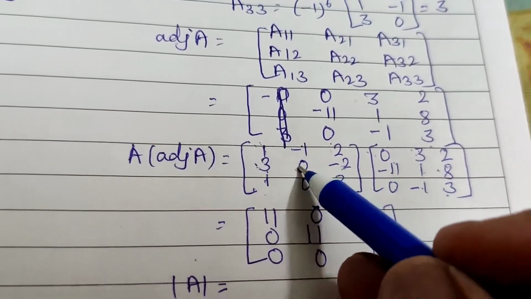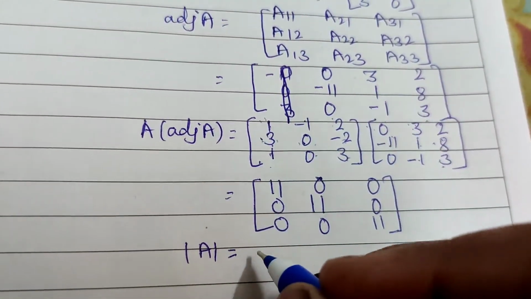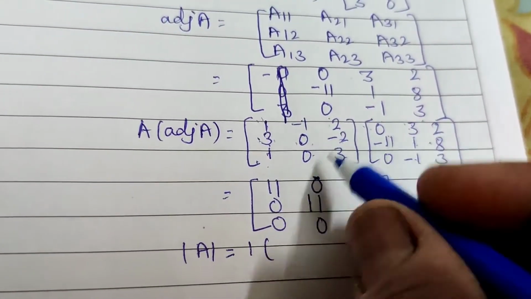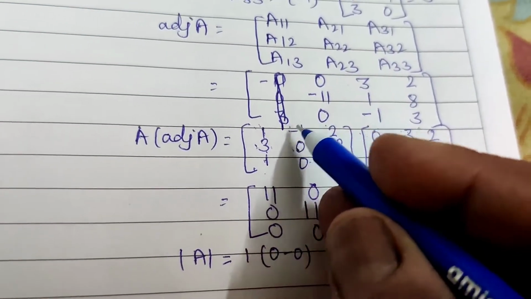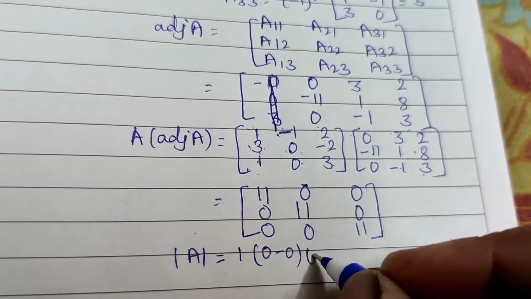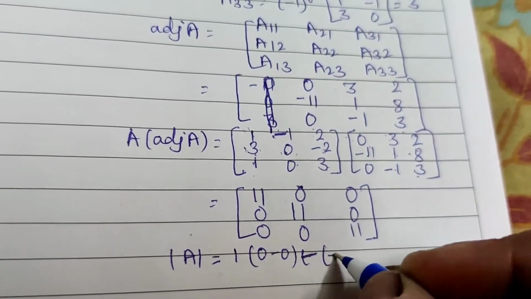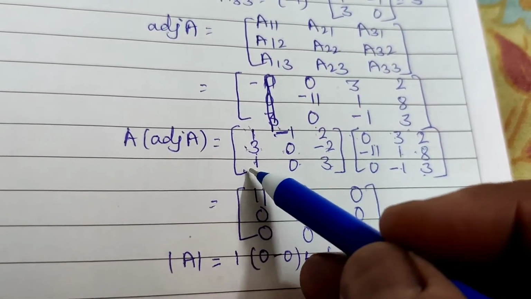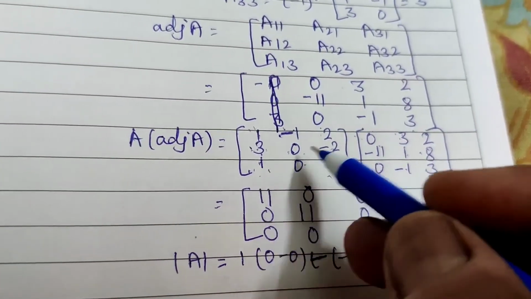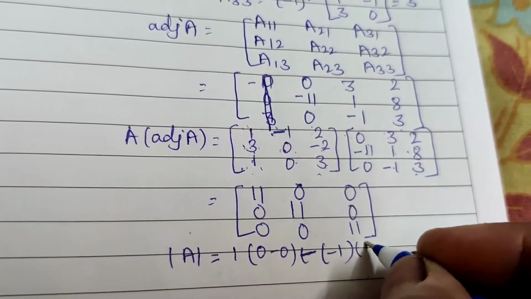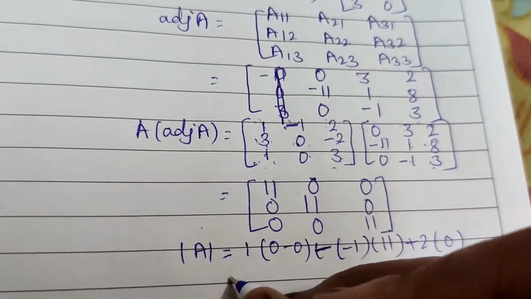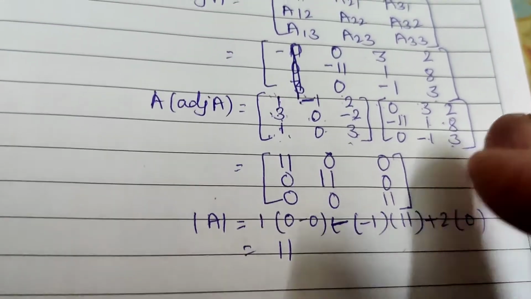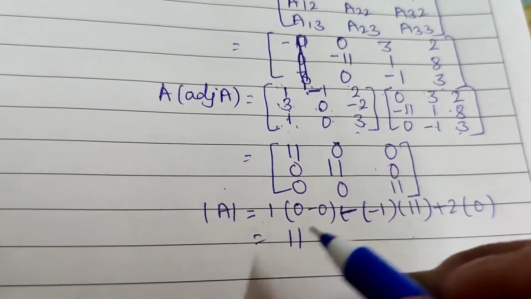this is the A. Now the determinant is 1 into 0 into 0, 0 minus 0, minus 1, already minus 1 into 9 plus 2, 11, and 2 into 0, it is equal to 11. So we can write like this, determinant A equal to this.